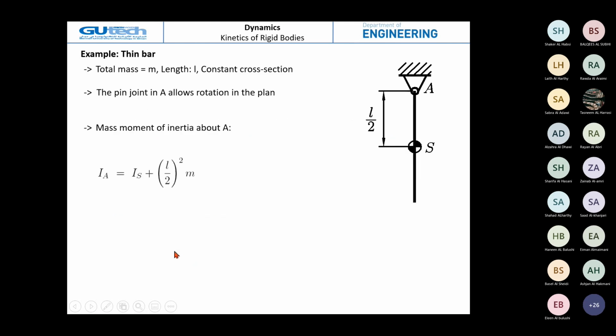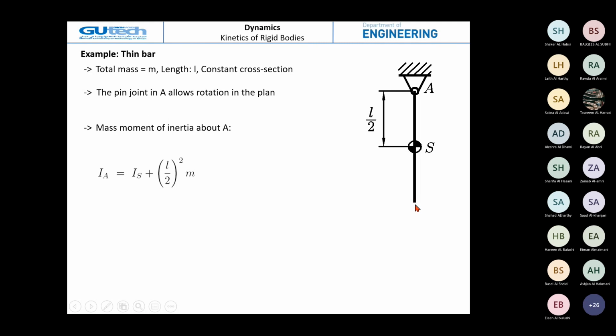Now we take this example: a thin bar, which has the total mass M, the length L, and a known cross section.